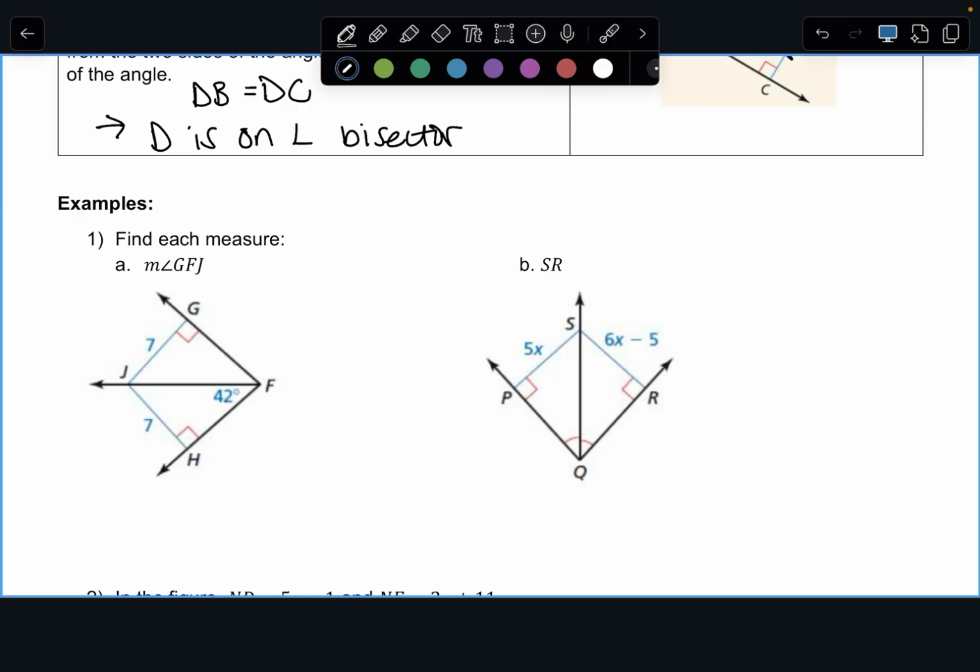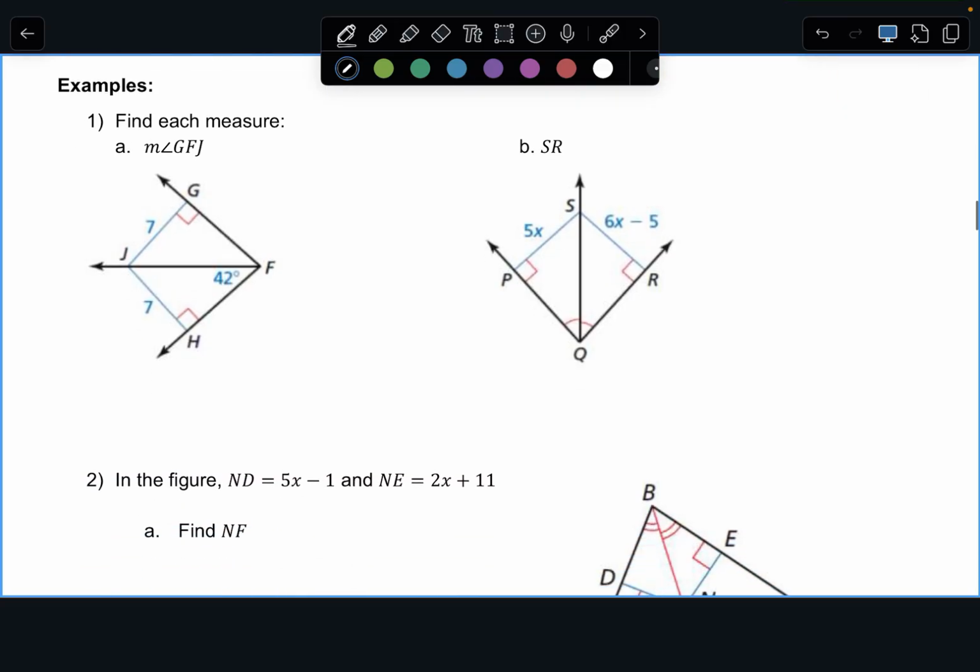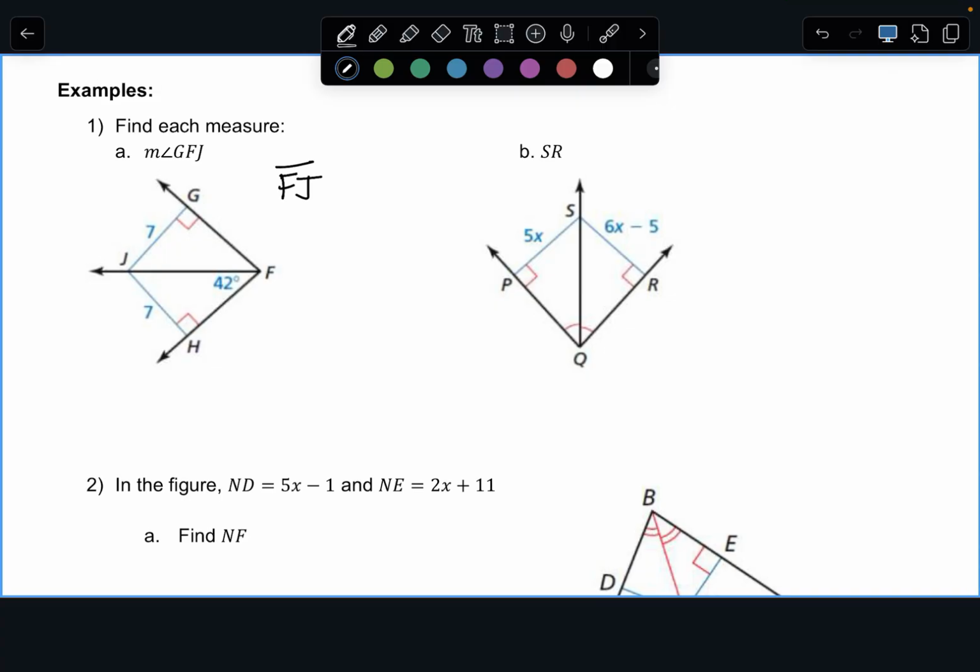First step is to figure out if you have an angle bisector. In this case, do we know if FJ is an angle bisector? Yes. Why? You're right if it's yes, but do we know why?